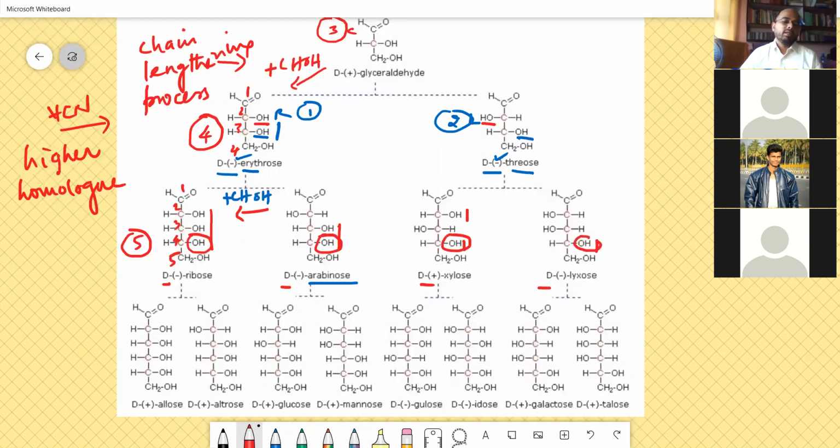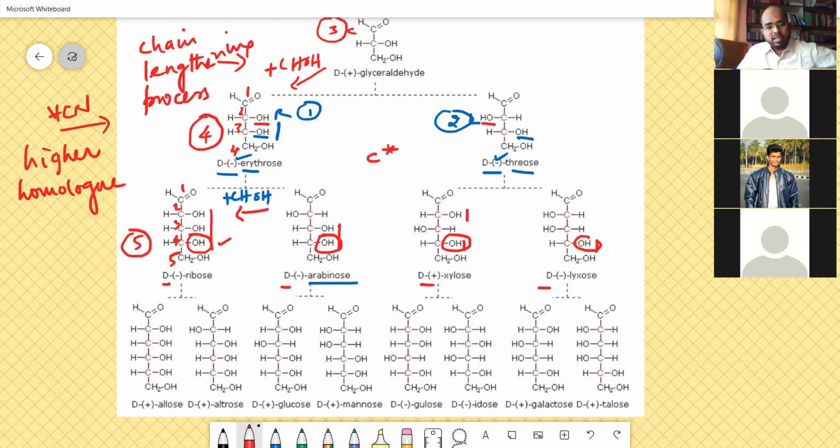This is the isomer. Now the conclusion is that if you have introduced a carbon atom which is asymmetric in nature, an asymmetric carbon atom we always define by C star, we conclude that the asymmetric carbon atom will give rise to 2 or 3 isomers. So if the configuration of the glucose is like that, this one with OH on the right side, it will give all 4 sugars.